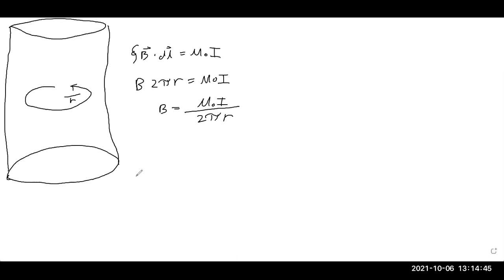So the current density would just be the total current over the total area, or the total current over pi big R squared.